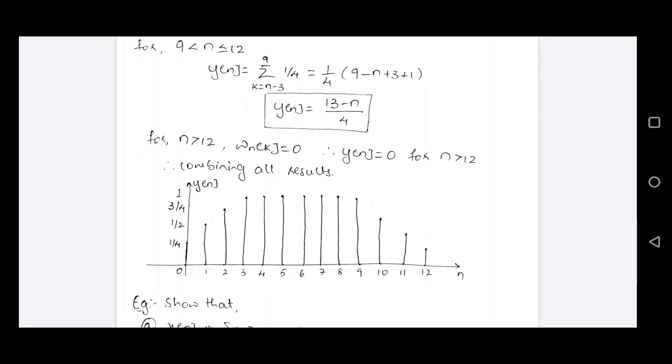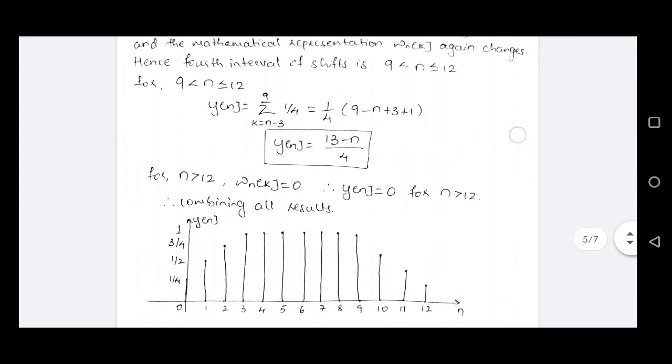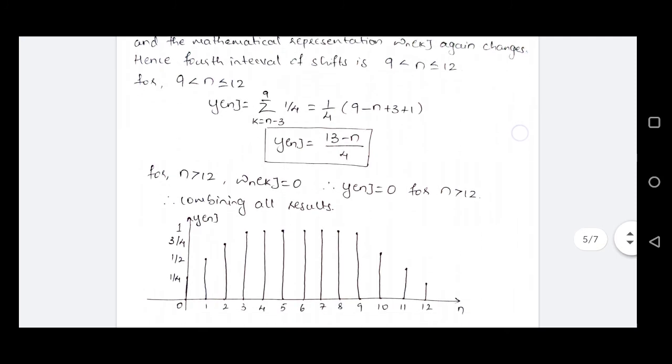And for the values between 3 and 9, the output was equal to 1, which has been plotted here. And again, for the samples between 10 and 12, the function was defined by 13 minus n divided by 4, which will be 3 by 4, 1 by 2 and 1 by 4.